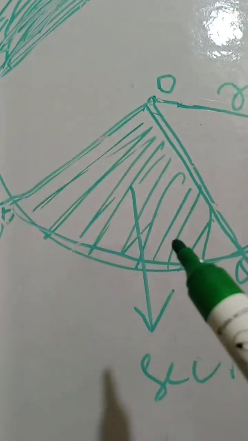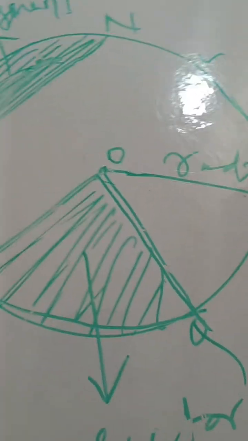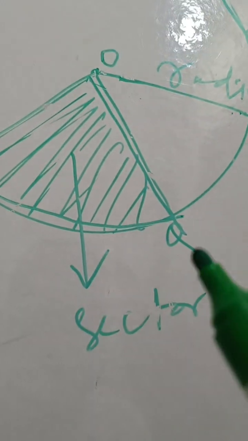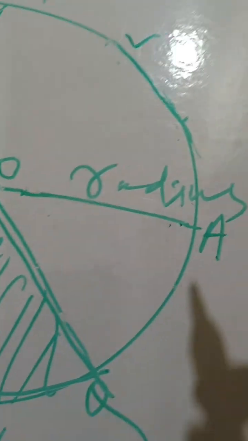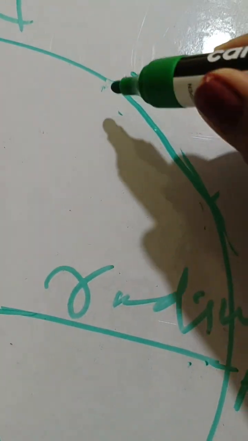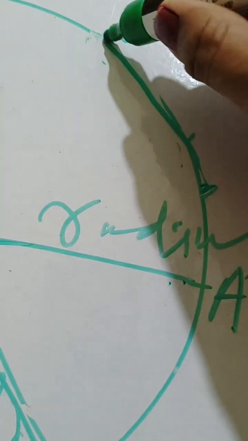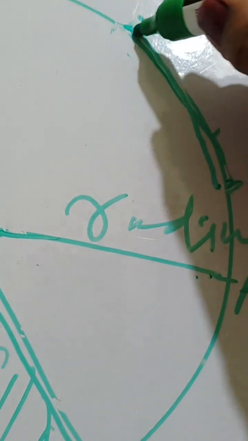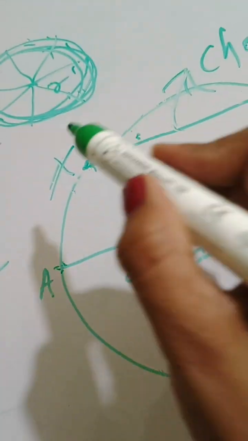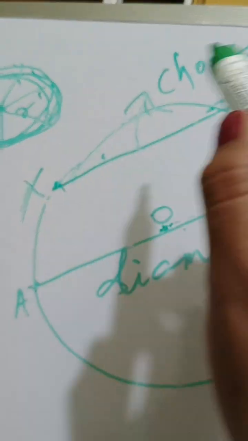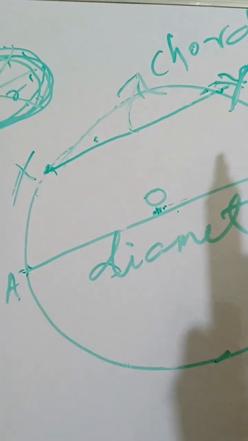Now come to the other parts of a circle that you need to know. It is important for you to know about them. So what is an arc? Arc means you consider any 2 points on the circle and take a portion of the circle between those 2 points, not like the chord. The line segment that joins the 2 points on a circle is called a chord.